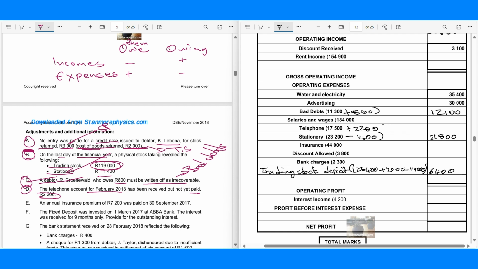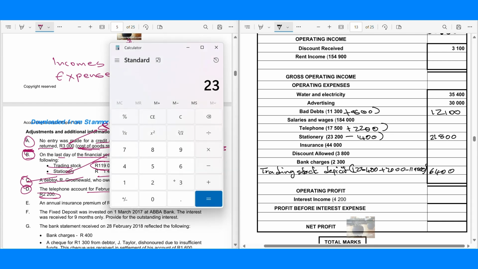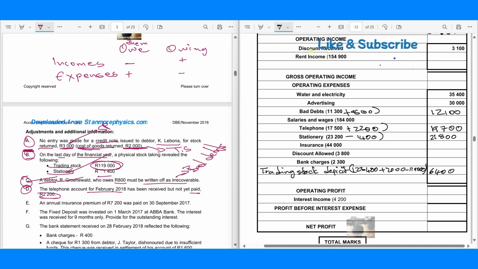Okay, let's see what we are going to get there. It's 17,500 plus 2,200. We're going to get 19,700. We are done with this part, telephone account.